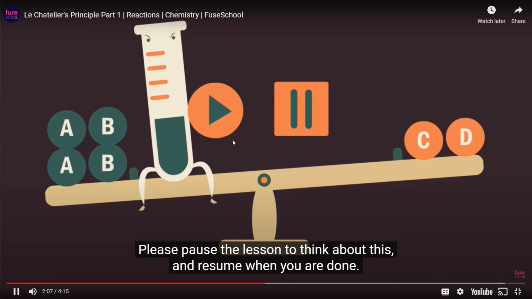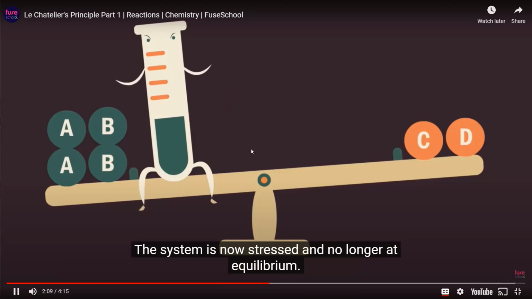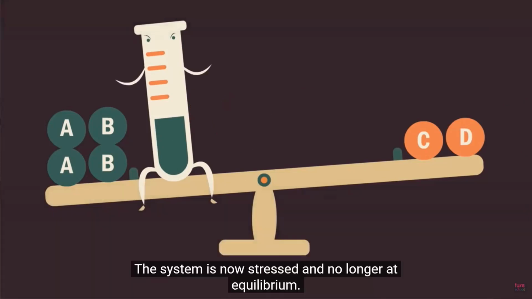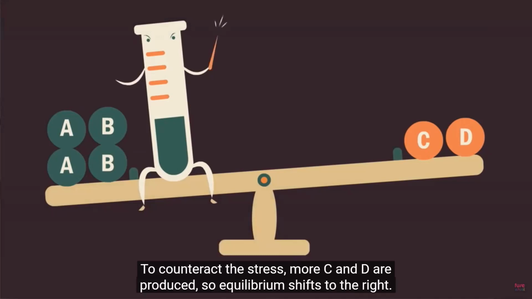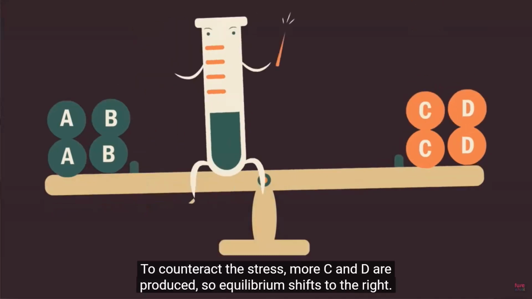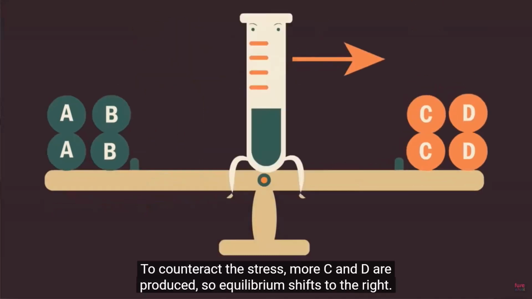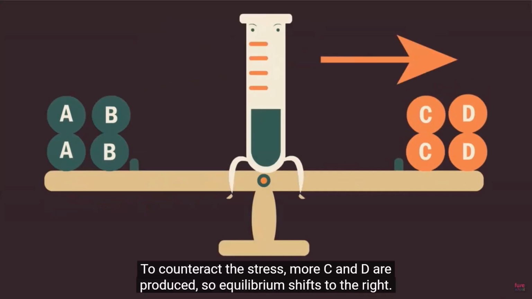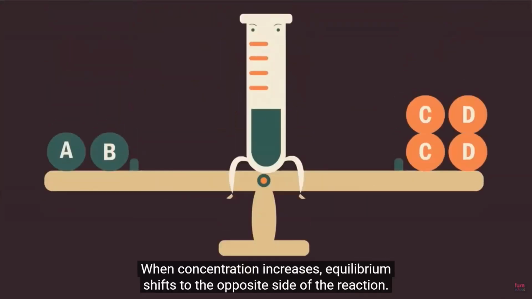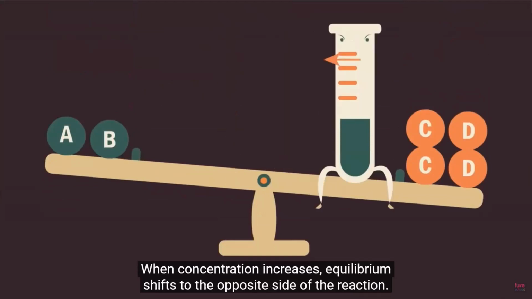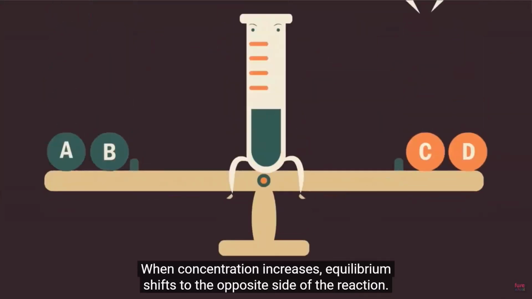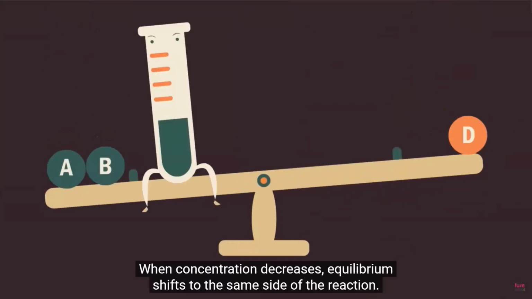The system is now stressed and no longer at equilibrium. Yes. To counteract the stress, more C and D are produced, so equilibrium shifts to the right. When concentration increases, equilibrium shifts to the opposite side of the reaction. When concentration decreases, equilibrium shifts to the same side of the reaction.